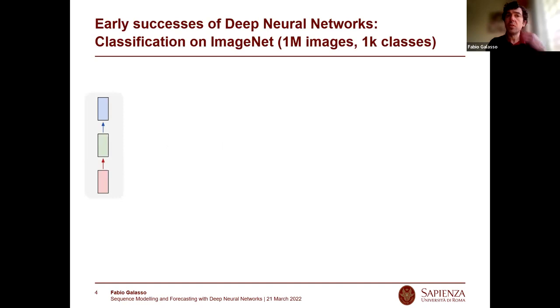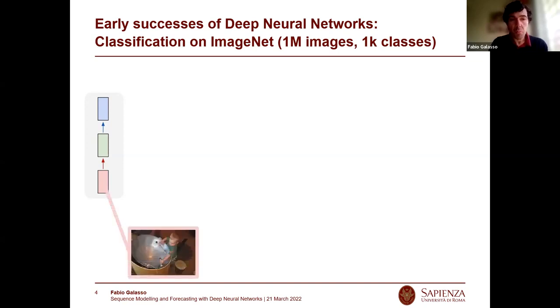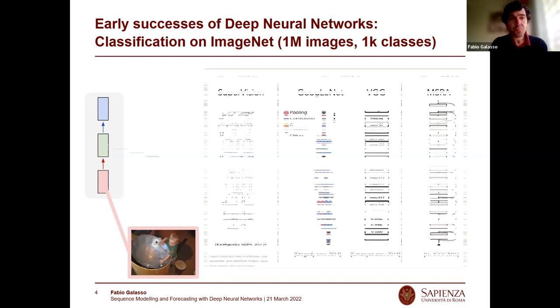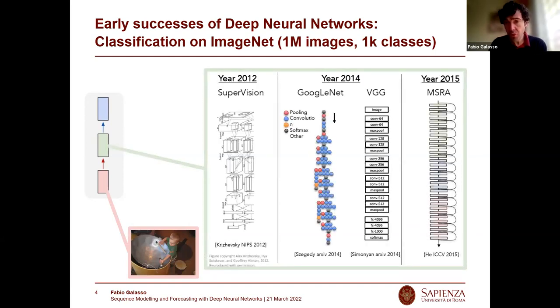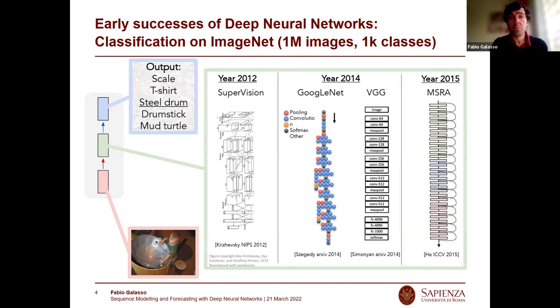Right, so let's get started with an introduction to deep neural networks for sequence modeling. Probably most of you are familiar with this sort of deep neural network: you have an input, which generally is an image, then some processing by a neural network, something deep that has a lot of layers, and then you get an output, which is a label.